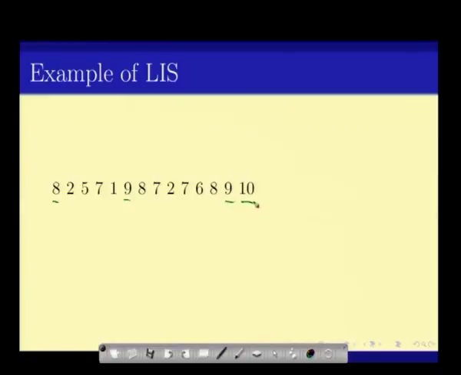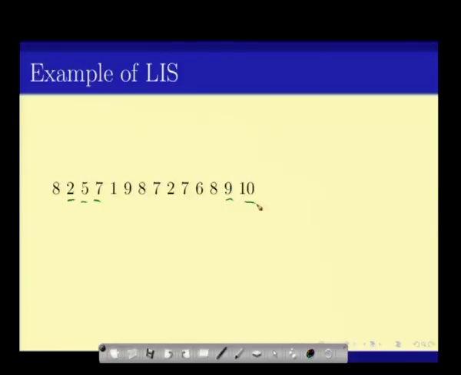This is an increasing subsequence because I have picked up elements from this sequence and it is increasing: 8, 9, 9, 10. Similarly, I can have some more, for example, 2, 5, 7, 9 and 10. This can also be an increasing subsequence.